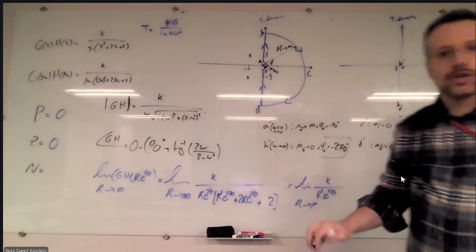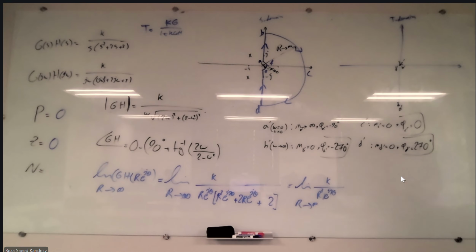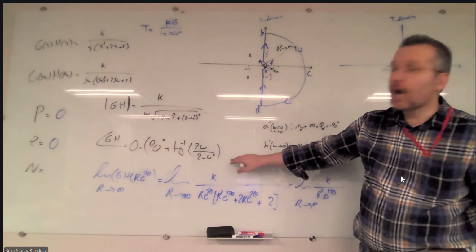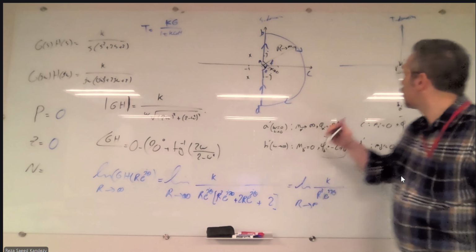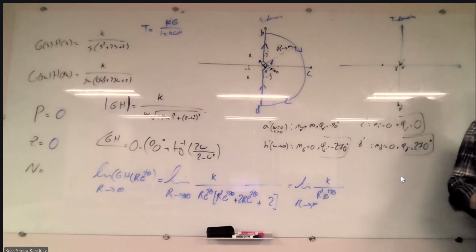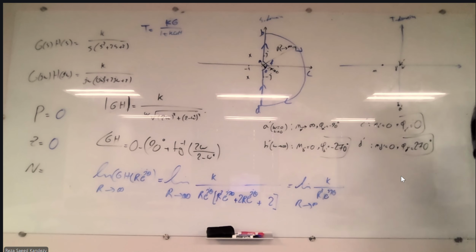Are we good? Now, if omega is 0, what we can do is find the value for phi. For whatever number is here that crosses the real axis, we call it M.